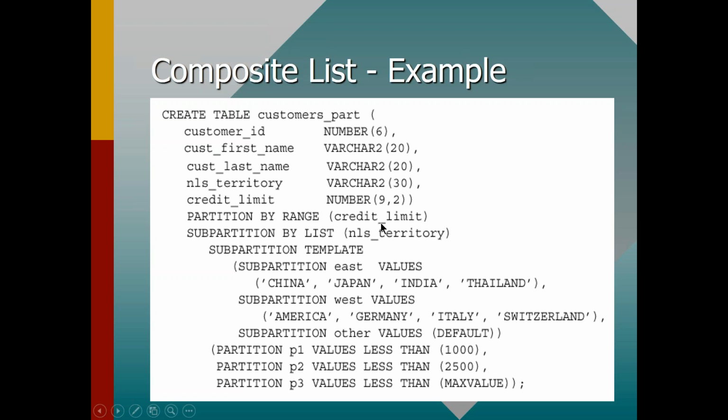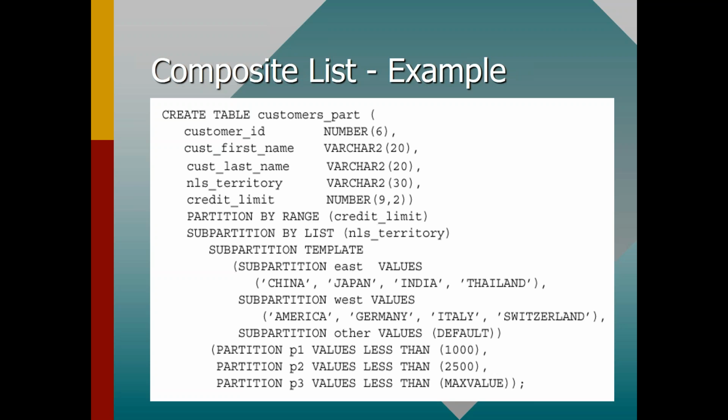We specify credit limit for range and NLS territory for list. By creating a subpartition template, we are basically saying we are going to use these three partitions for each partition: P1, P2, and P3.